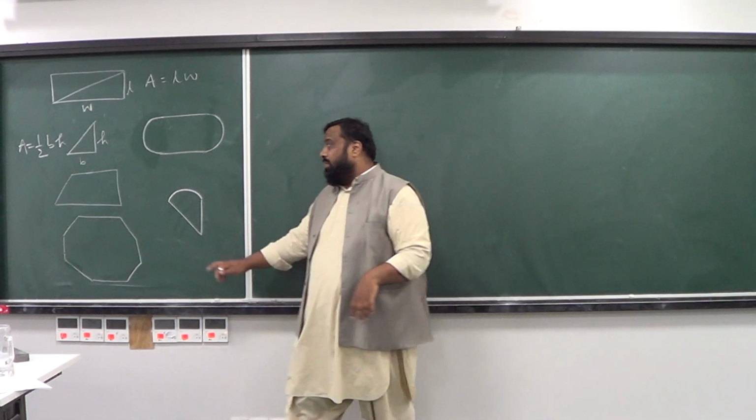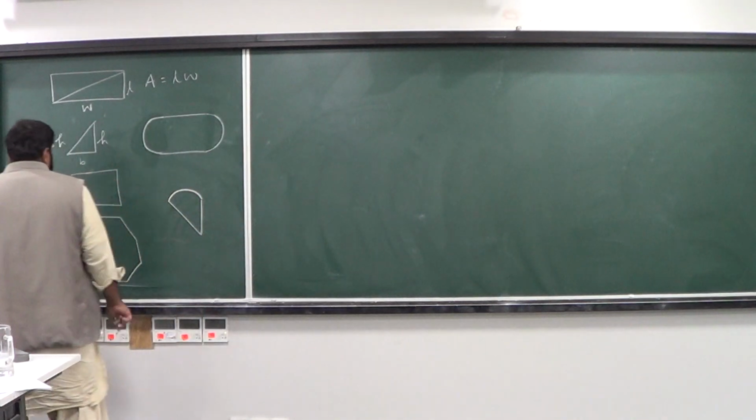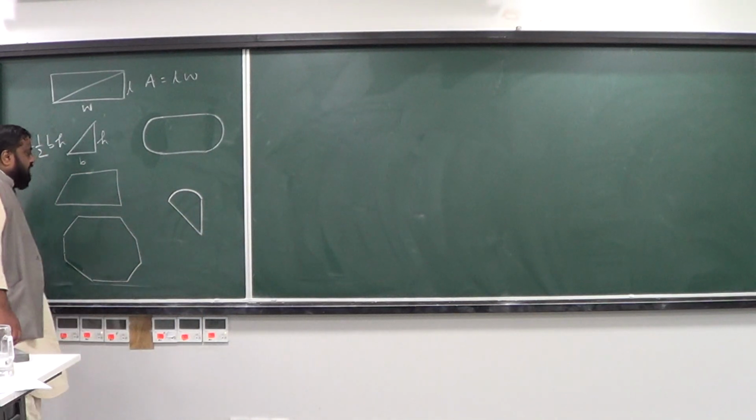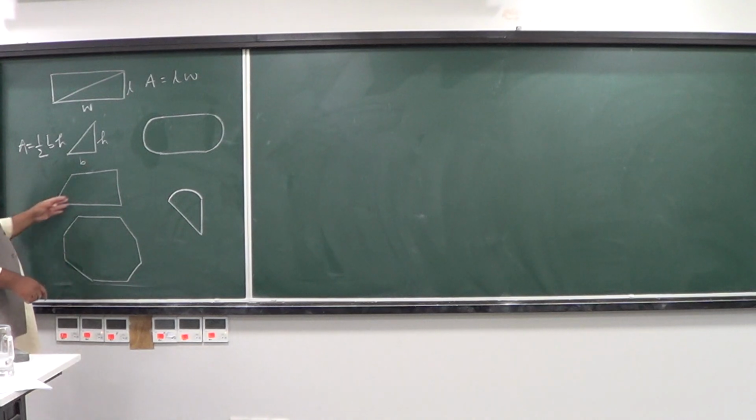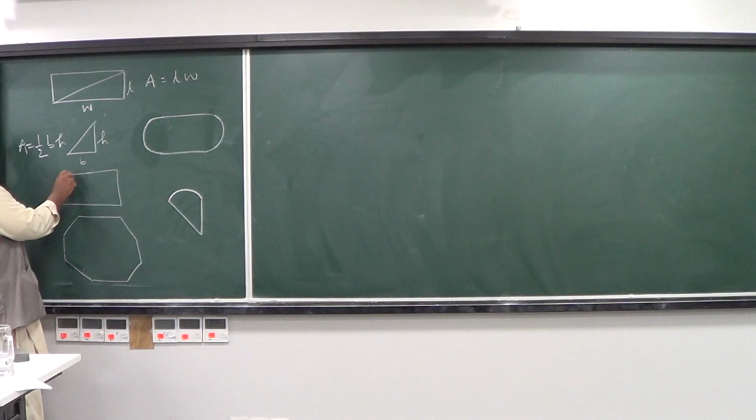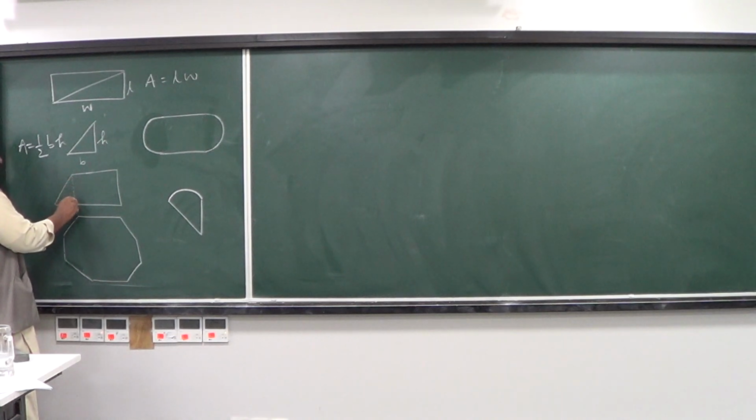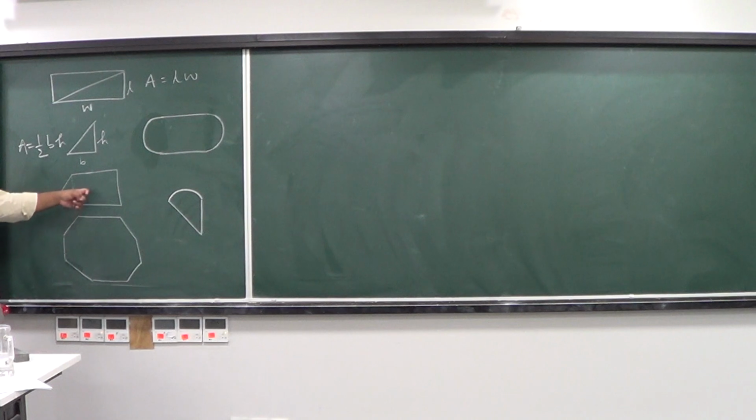So for example, if I want to find the area of this, there can be a lot of ways of splitting this picture. One natural way could be to split this picture into a rectangle and a triangle. If you measure the width and length, you can easily find the area of the rectangle, and you can also find the area of the triangle.